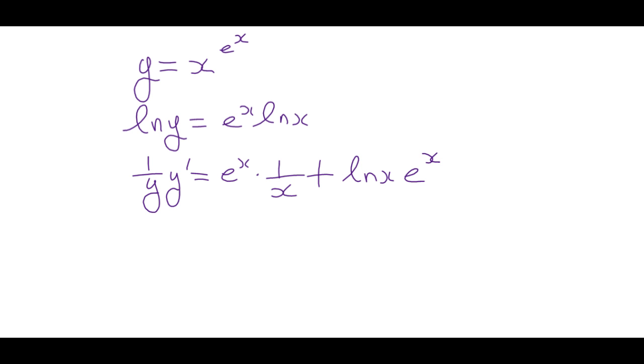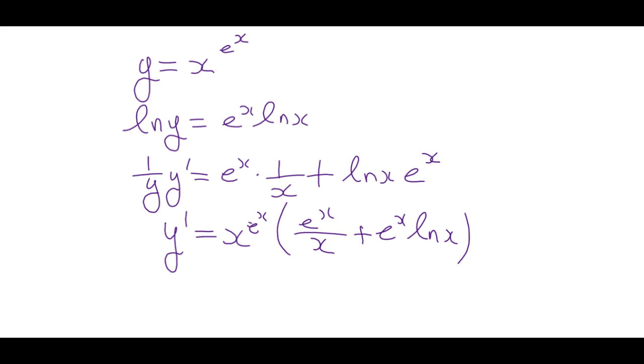So what have we got? y prime is equal to, so we know what this is, x e to the x, bracket, and we've got e to the x over x plus e to the x ln x.